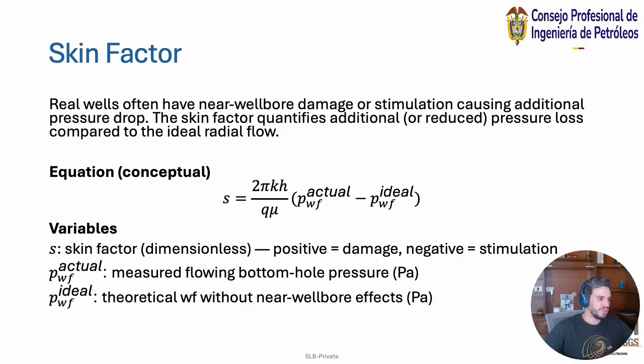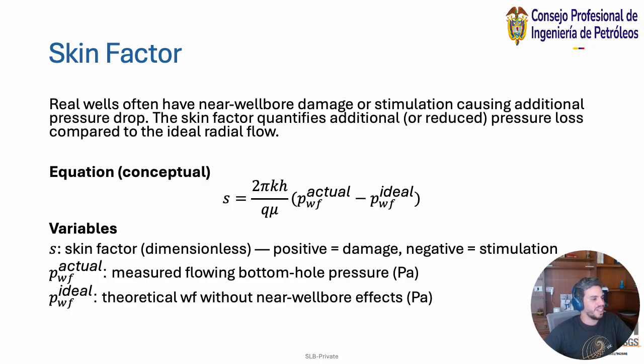It's 2 pi multiplied by the permeability multiplied by h, divided by the volumetric flow rate multiplied by the viscosity, and all of that is multiplied by the change in pressure between the actual and the ideal, right? Because we can always calculate the ideal and we can measure the actual, so these are values we can really get, and then we can solve for the skin factor.